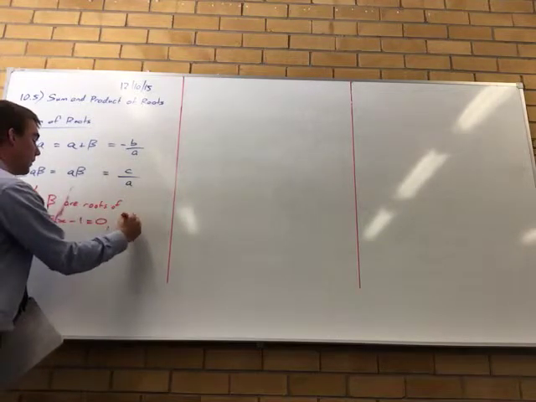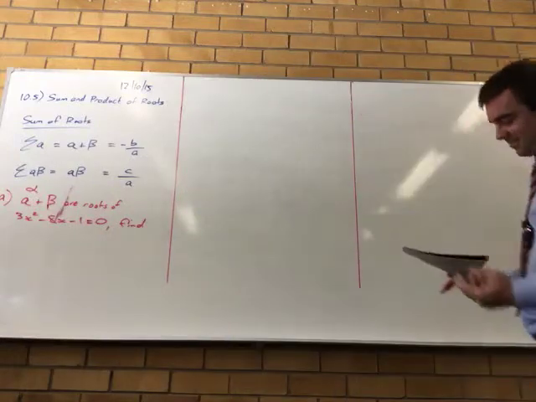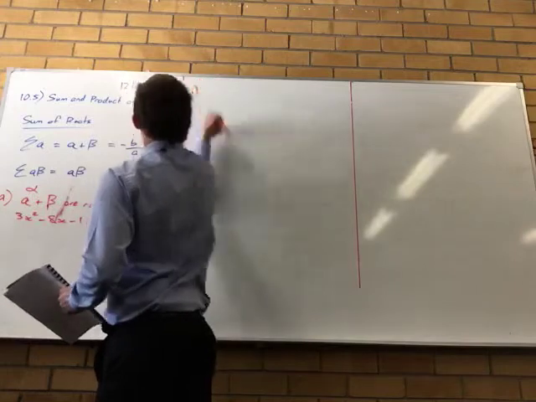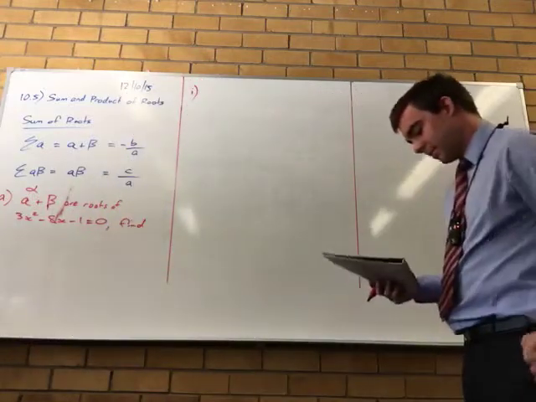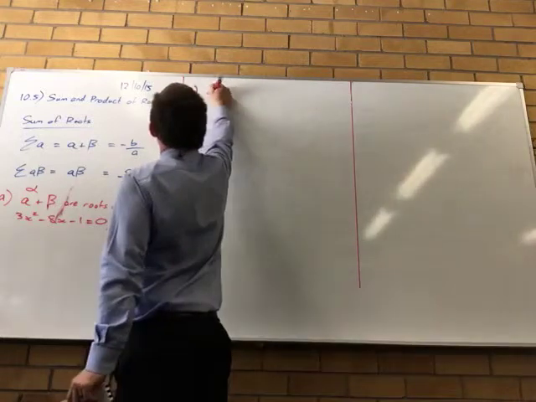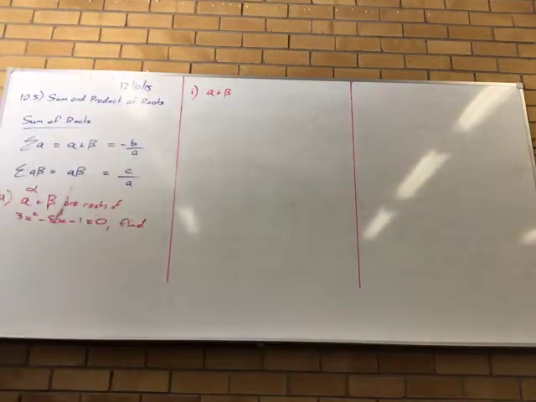We need to find, part I, alpha plus beta. It's 8. No, it's 8 over 3.